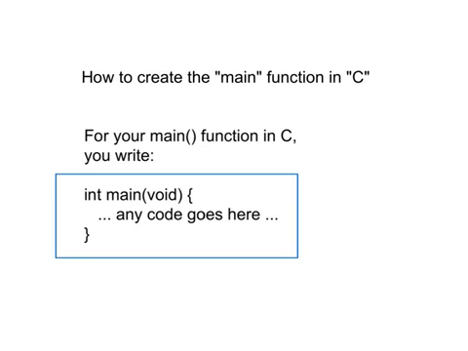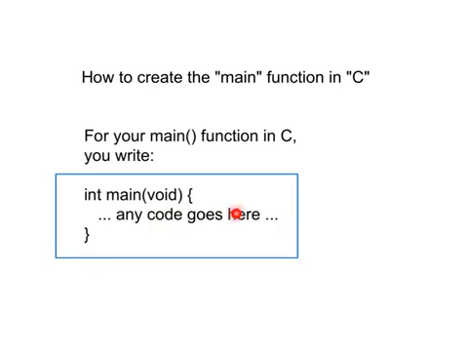So here's what I want you to do. Go back to your text editor, whether it was Notepad or whatever it is, and at the very top you should have your include statement. Go ahead and hit enter at the end of that line, and hit enter a couple of times so that you're on a new blank line, and then write your main function exactly as you see here.